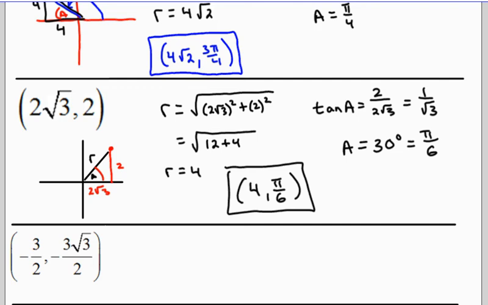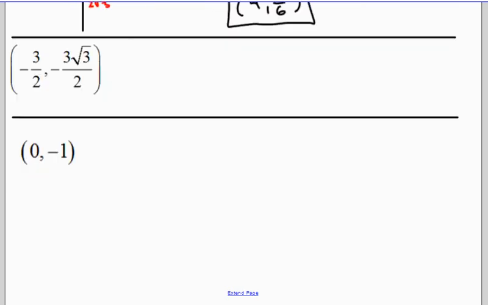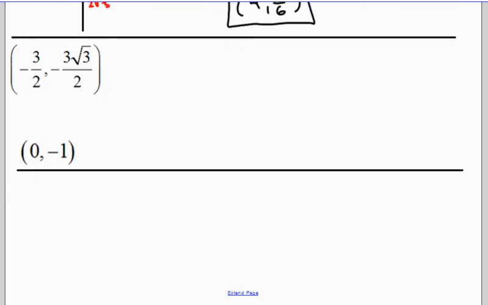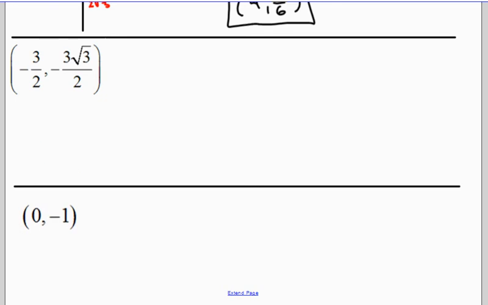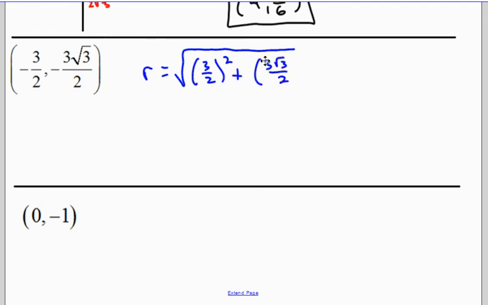Okay. All right, this next one, because we could pretty much now find the r pretty easily. R is always just going to be the square root of x squared, so negative 3 over 2 squared. The negative just tells me to go to the left, plus the y squared, 3 square root of 3 over 2 squared.